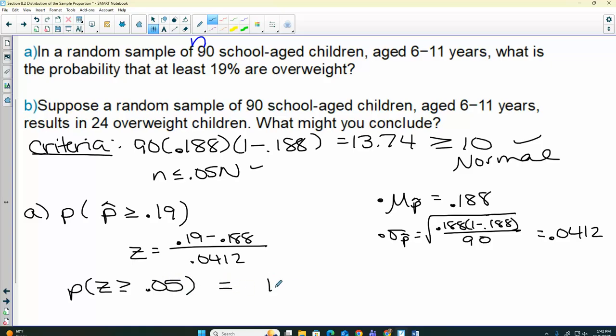To do greater than, we do 1 minus, and then we go to our table. Subtract those, we get 0.4801. So there's about a 48% chance that at least 19% are overweight in our sample.